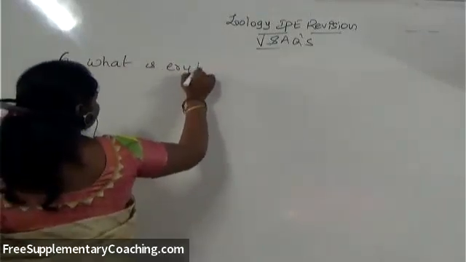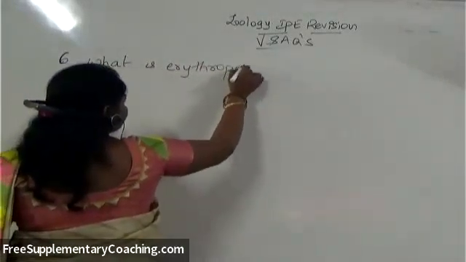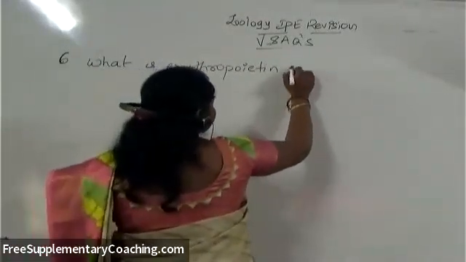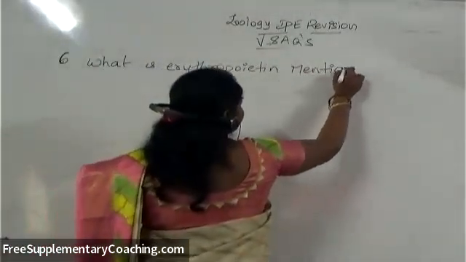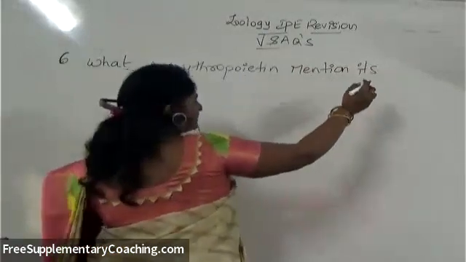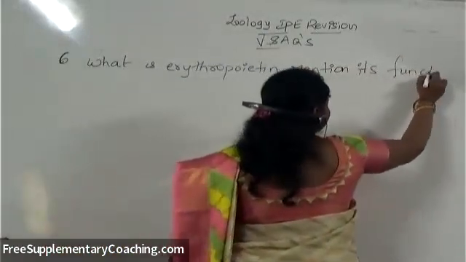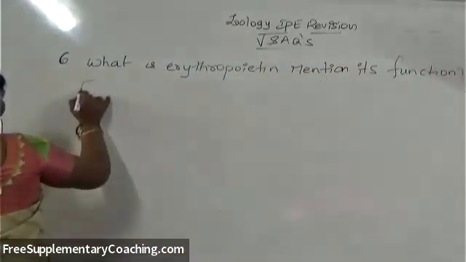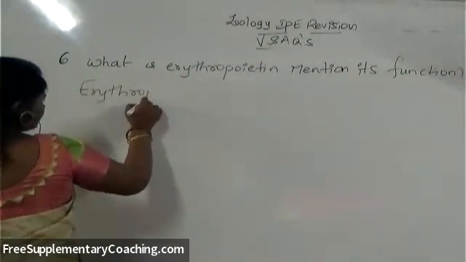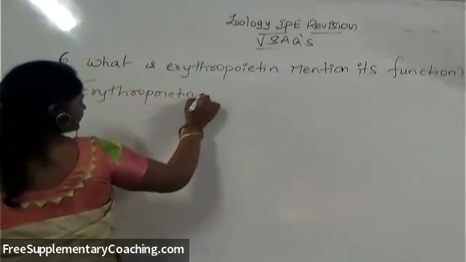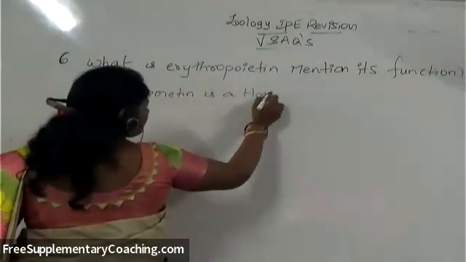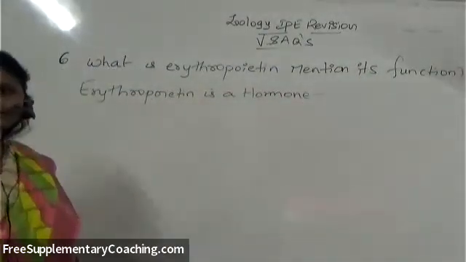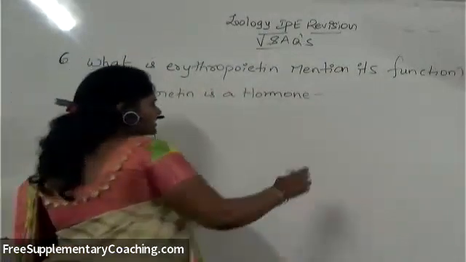6th question. What is erythropoietin, and mention its function. Erythropoietin is a hormone which is secreted by JG cells of the kidney. What is JG cells?